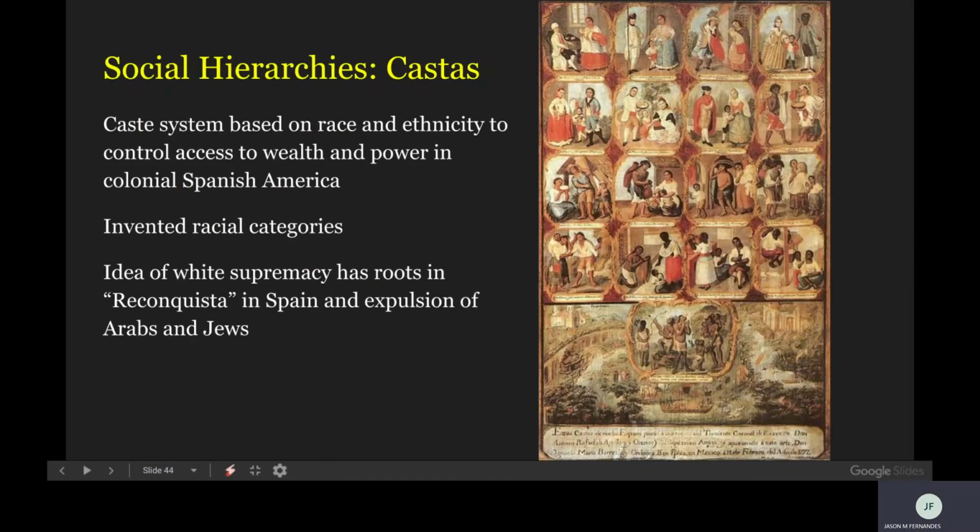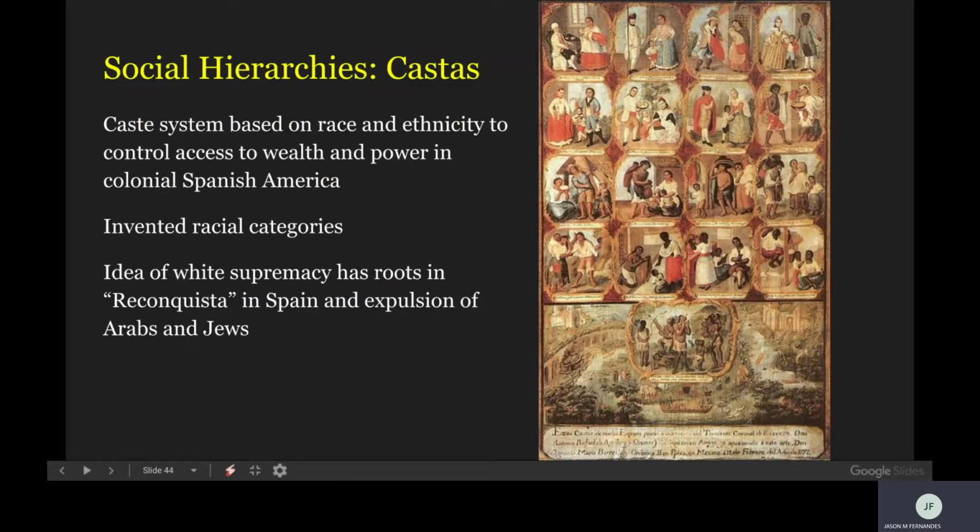Now, once you have these Spanish indigenous relationships, or even Spanish African relationships, right? Things are starting to get mixed up here, right? And the Spanish, their way of dealing with this is to try to create a hierarchy out of it, right?